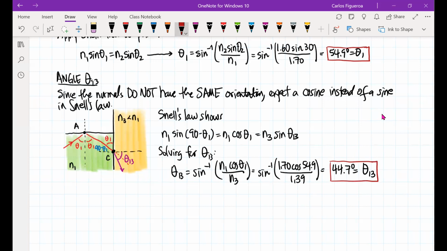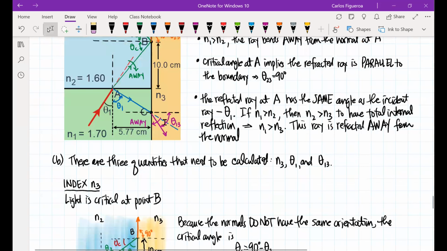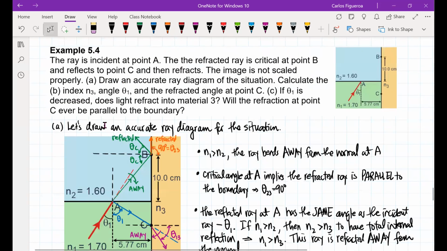So now we have all our angle calculations. Let's come back up and look at what we're doing here. We've done A, we've done B, so now let's look at C. If theta 1 is decreased, does light refract into medium 3? Will the refraction at point C ever be parallel to the boundary? So let's write this out.